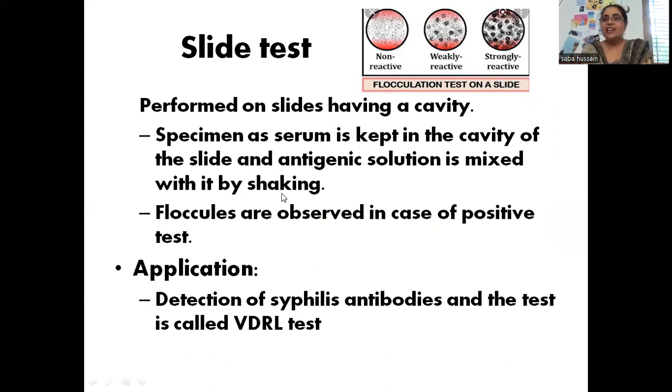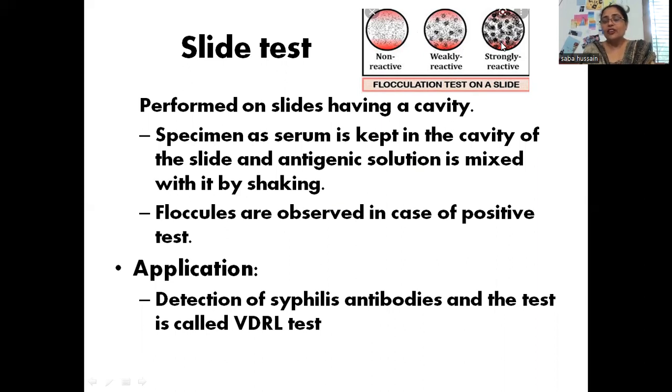What happens is that the specimen, that is serum, is kept in the cavity of the slide, and antigenic solution is mixed with it by shaking. Here you can see the slides. This antigenic solution is mixed, and then we shake the slides. And if the reaction is positive, what will happen? You will see floccules. These floccules will be formed. So here precipitate is seen in the form of floccules.